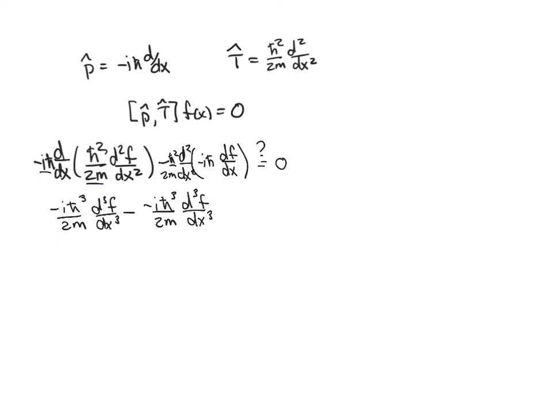And I can see that a minus and a minus makes this plus. So I can see that these are equal and opposite, and so that equals 0. And that means that my momentum and my kinetic energy commute. And that suggests that I can simultaneously measure the momentum and the kinetic energy of my particle, and I don't have to worry about any restrictions on the precision of those measurements.